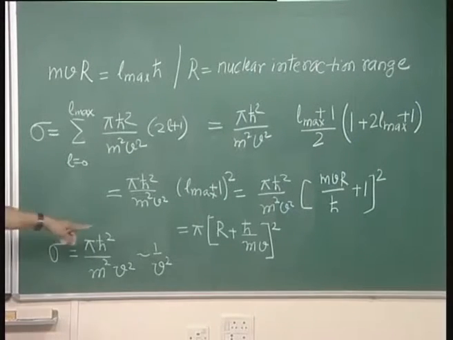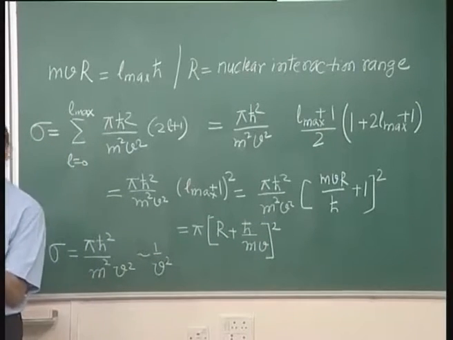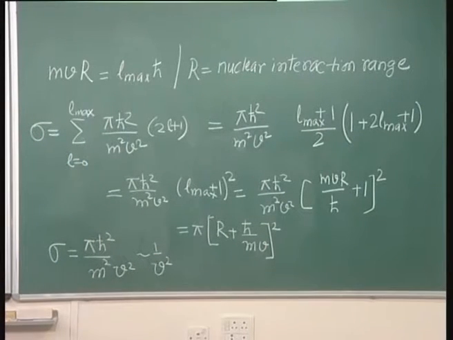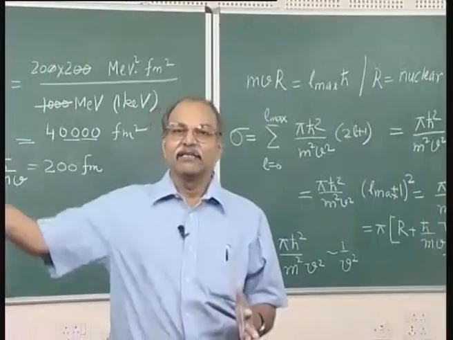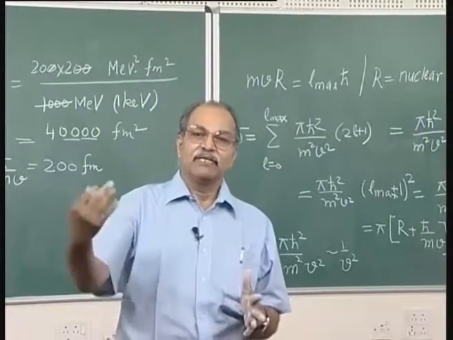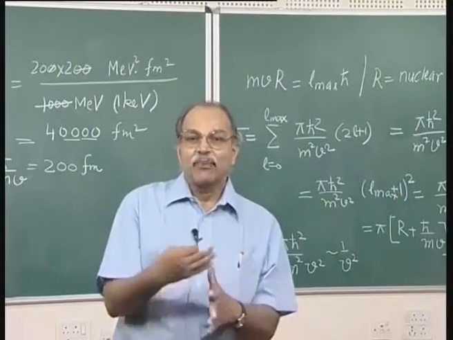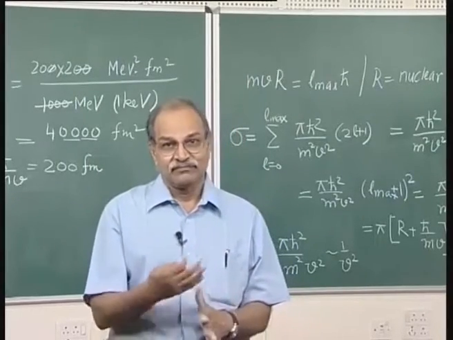than this pi into capital R square, which classically you can think of, that if the range of interaction is capital R, then it is presenting an area pi into capital R square. Anything falling beyond that does not interact, anything falling inside interacts, and therefore, the cross section should be pi into capital R square.